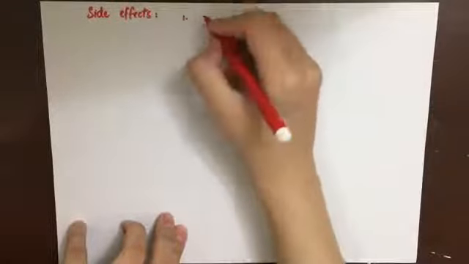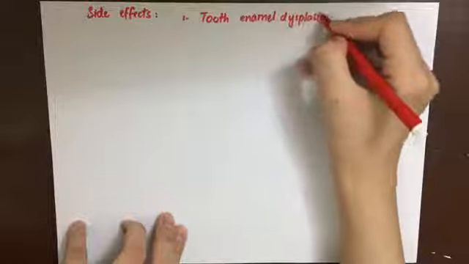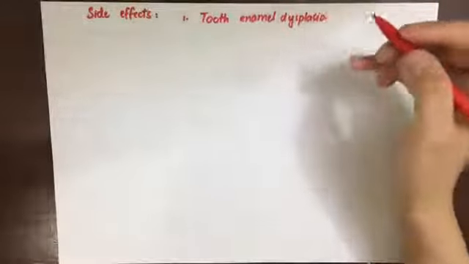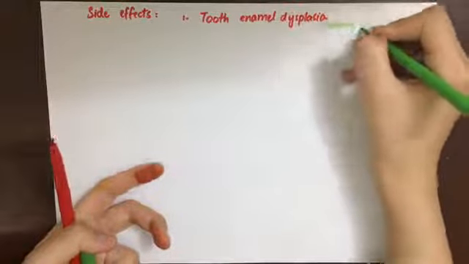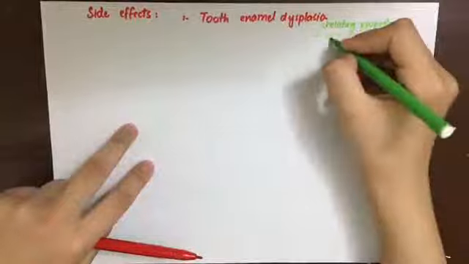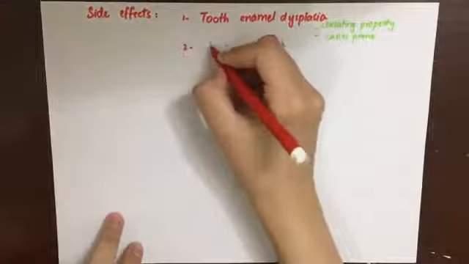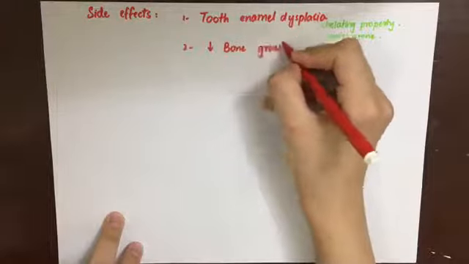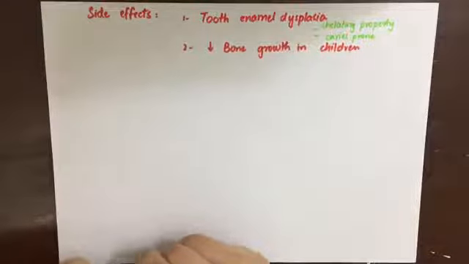Coming to some side effects of tetracyclines, they include tooth enamel dysplasia. This is actually due to the calcium chelating property. Tetracycline calcium orthophosphate complex gets deposited in the growing bone and teeth, and these teeth are actually prone to caries formation. After deposition, the teeth will appear as permanent brownish discoloration, and this discoloration will be fluorescent in UV light. There is decreased bone growth in children due to the same reasons.